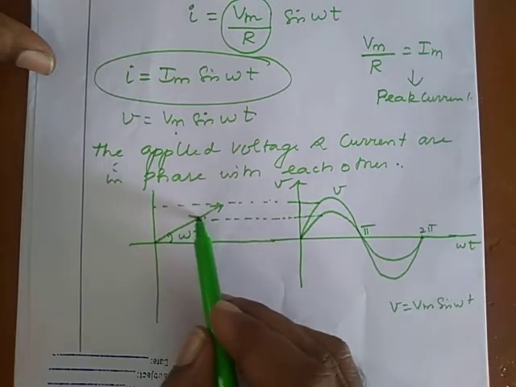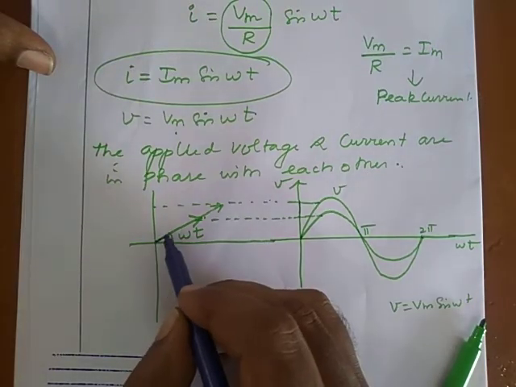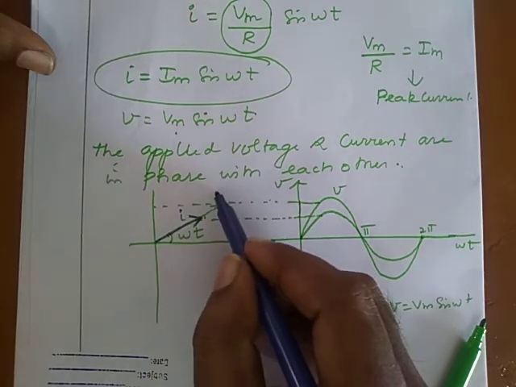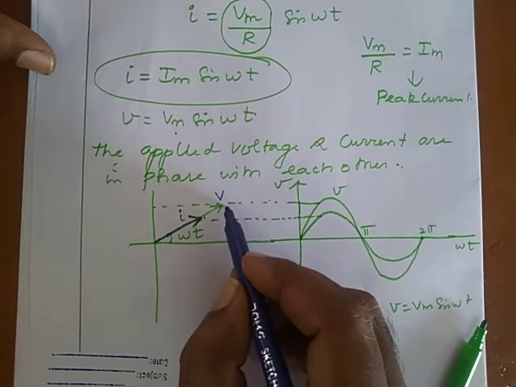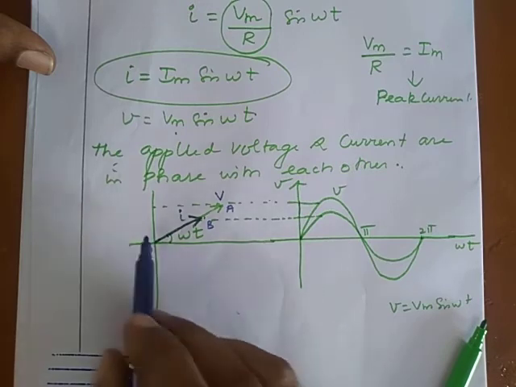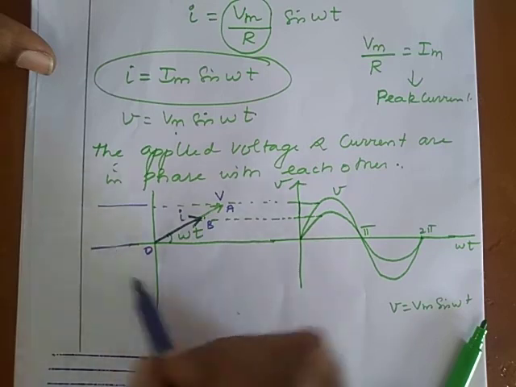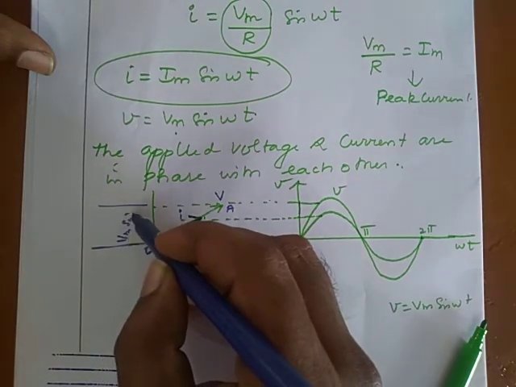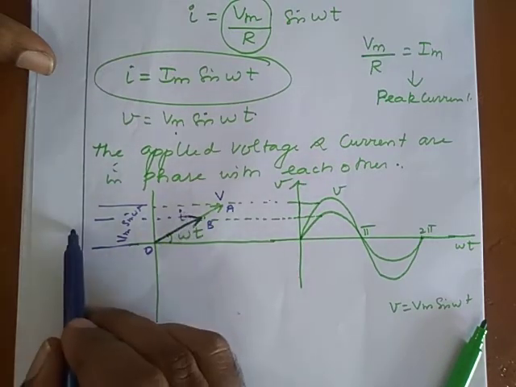Then this is a current, that is represented as I. This one is represented as V. Suppose I consider this one as A, this one as B, this one as O, then this value is Vm sin omega t. Then this value is Im sin omega t.